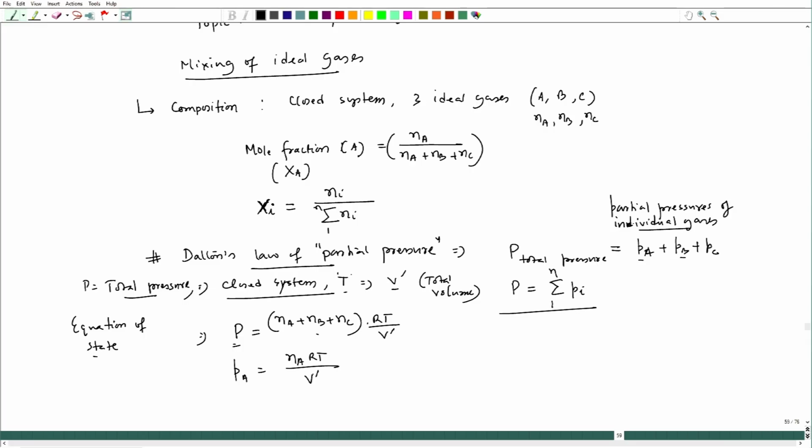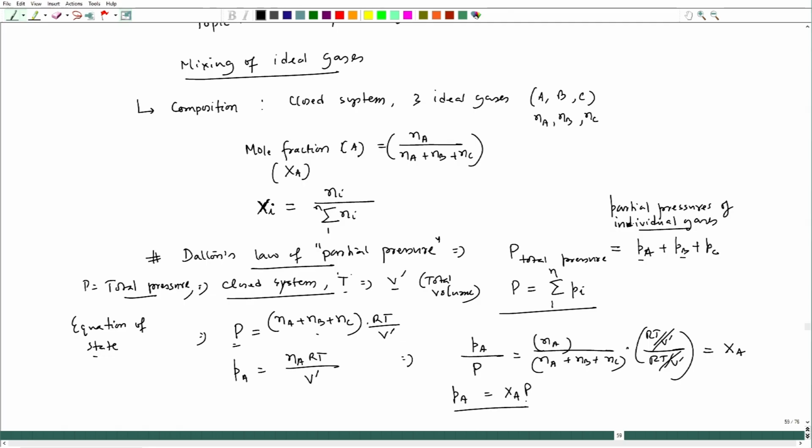So, from here I can write P A by capital P, which is the total pressure, becomes Na divided by Na plus Nb plus Nc, with RT by V prime in both. So, these two things will cancel. So, this becomes X A. So, I can write P A equal to X A times the total pressure.